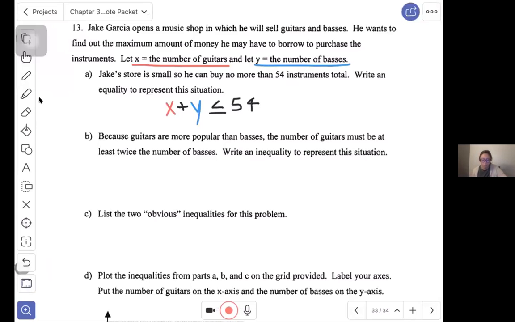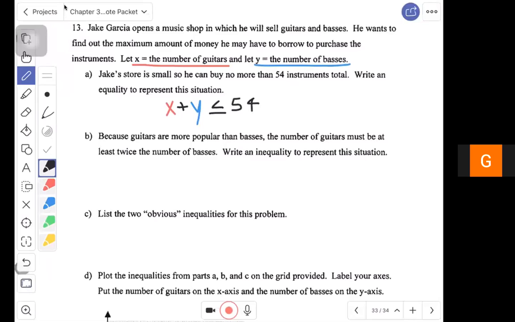Grace, could you tell me what this inequality would look like? X is greater than or equal to 2Y? Exactly, yeah. We know that the guitars have to be more than double the amount of the basses. Exactly. Great. Questions on that?